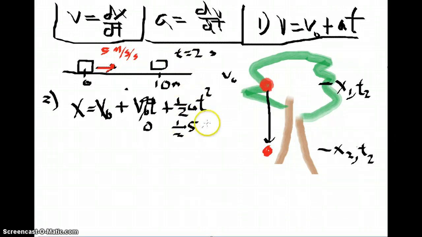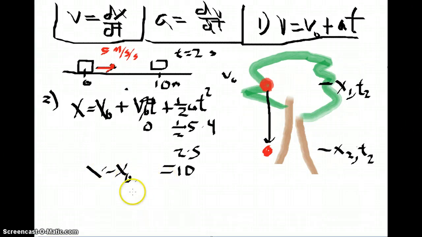We had t that was 2, so t squared is 4, and that is going to be equal to 2 times 5 equals 10. So x minus x naught is equal to 10. That is, the distance equals 10, and that matches the value we got initially. So this equation got us the same answer. Everything checks out and things are looking good.